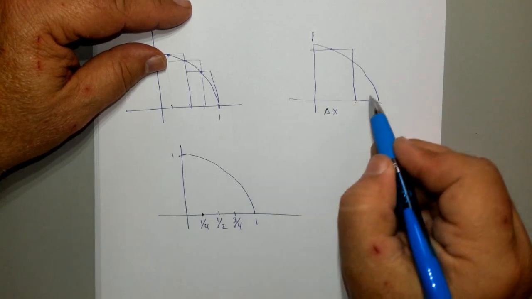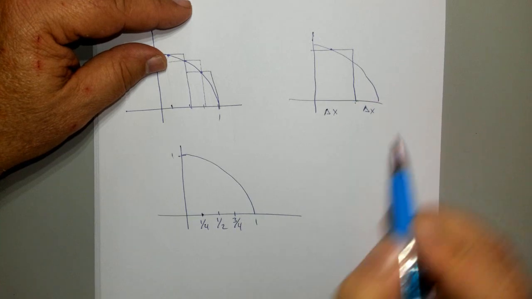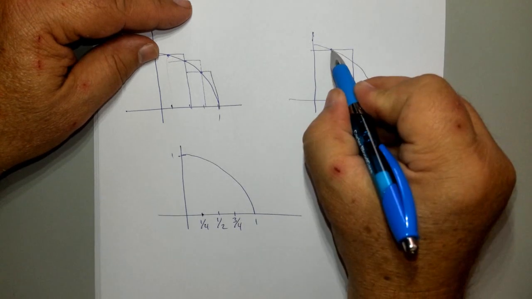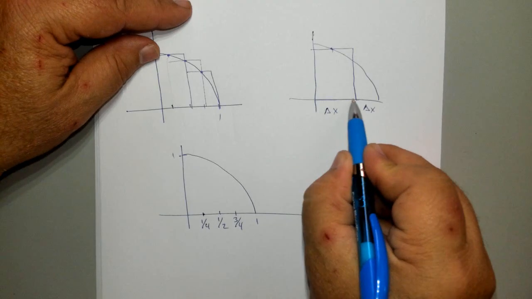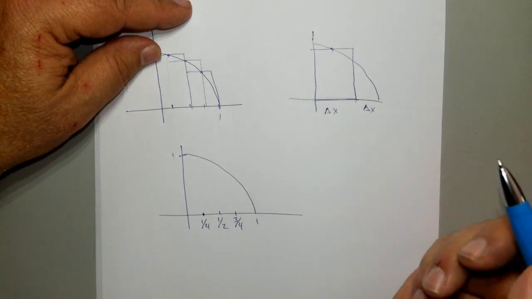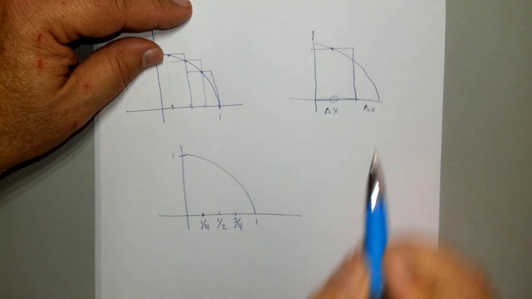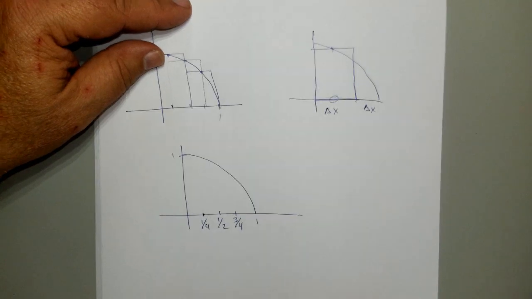The rectangles are still going to be the same width. It's just that now, in this delta x, we have to find the halfway point, the midpoint, and use that as our input.